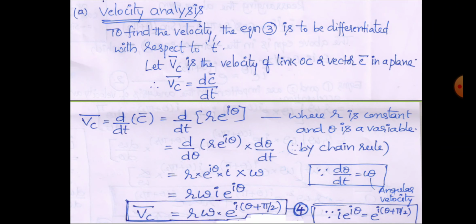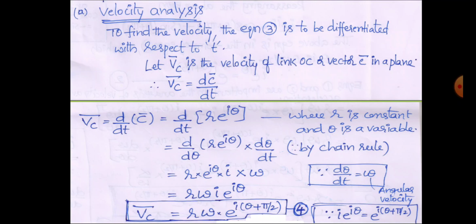Therefore, in order to find the velocity of link OC, let us differentiate equation 3 with respect to time. So let VC bar be the velocity of link OC or vector C, then VC bar is equal to d by dt of C bar. So what is C bar?